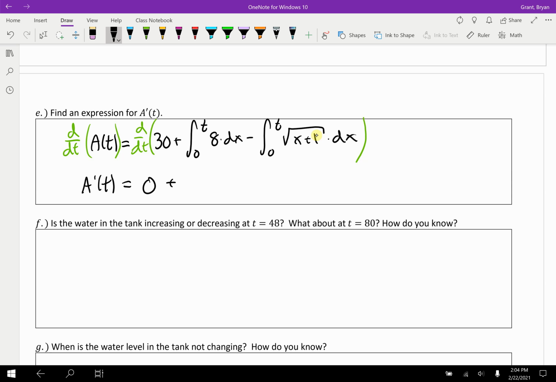Over here, we need to remember that the derivative of an integral essentially cancels out. This is our Fundamental Theorem part 2. But if you have a variable anywhere on your limits of integration, that variable needs to be substituted into the variable in the equation. But 8 doesn't have a variable. 8 is just 8.